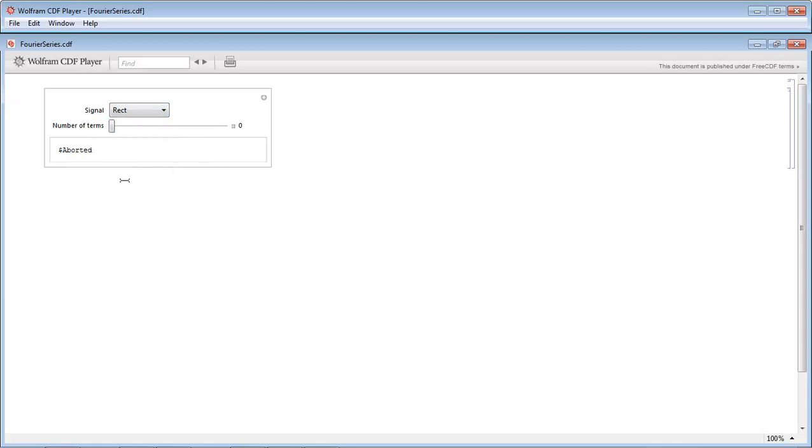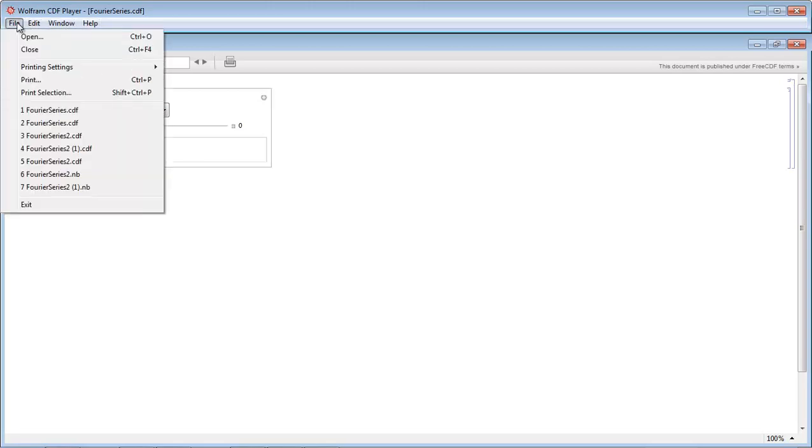Oh, let me do this. It says aborted. I've not used Mathematica in a while, although last night this worked. So how do I rerun it?